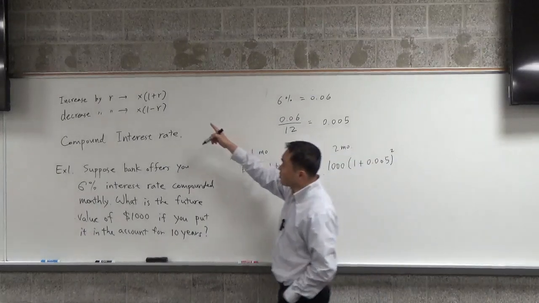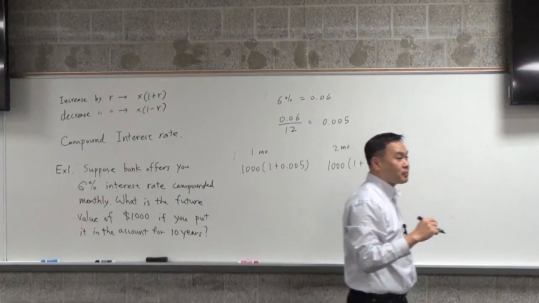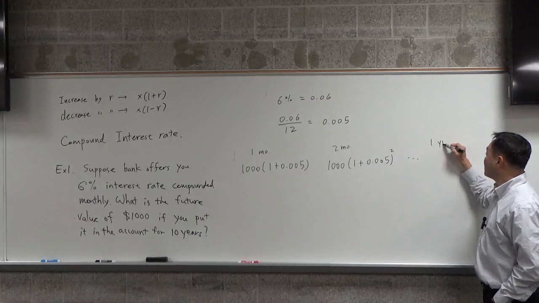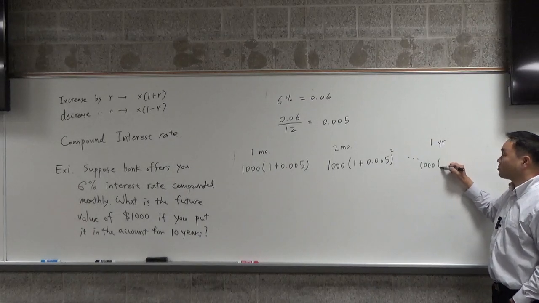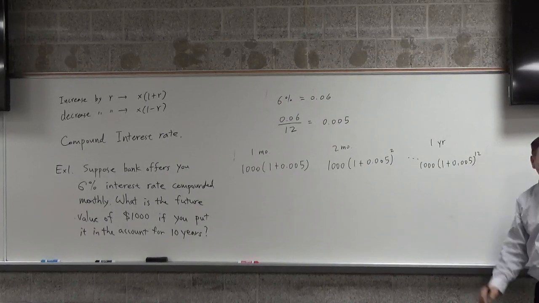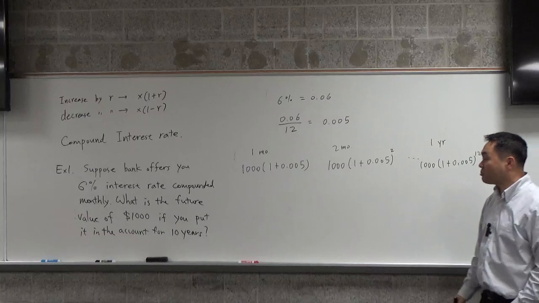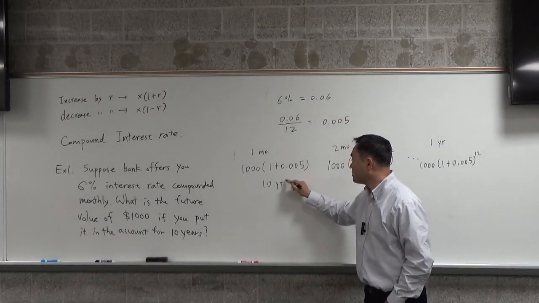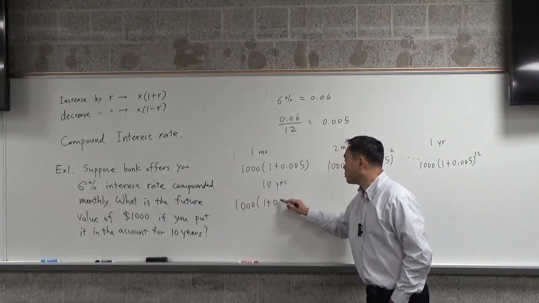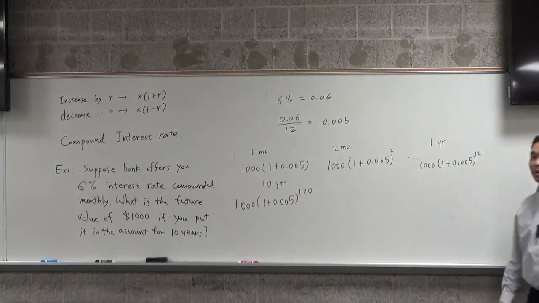Every time you increase by some rate R, you're multiplying, right? So after 1 year, it'll be $1,000 multiplied by 1 plus 0.005 to the 12th power, because you're increasing this 12 times every year. After 10 years, it'll be 1,000 times 1 plus 0.005 to the power of 120. That's what's going to happen.